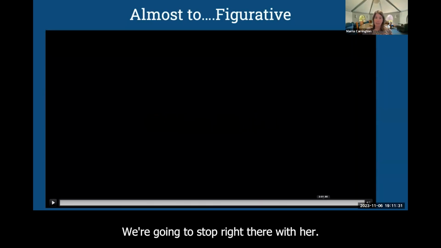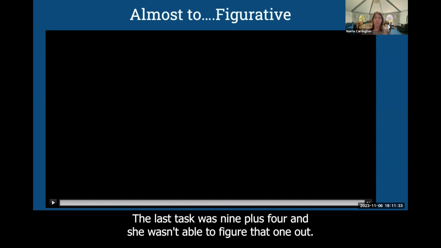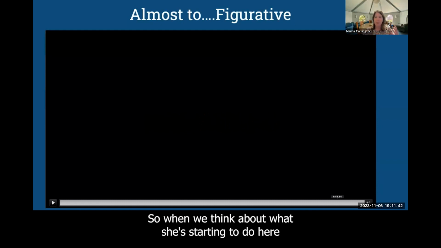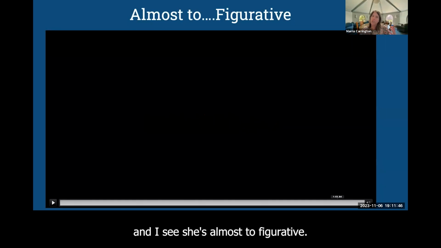Okay, we're going to stop right there with her. The last task was 9 plus 4, and she wasn't able to figure that one out. But I will say she tried really hard. So when we think about what she's starting to do here, and I say she's almost to figurative, she makes the task actually perceptual by replacing the counters with her fingers.